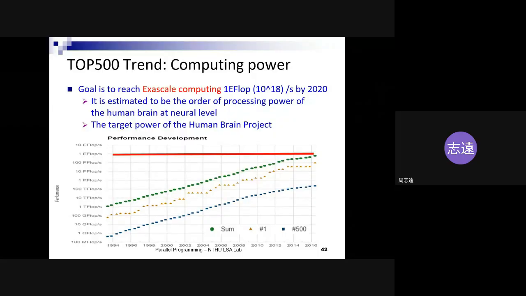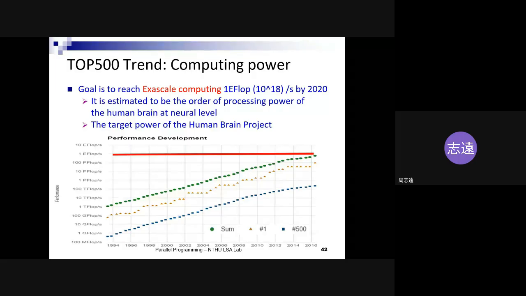Okay. So at least for now, one of the clear goals is to reach the exascale. So what's the exascale? It means you can achieve one exaflops. Basically that is 1,000 times more than petaflops, basically a scale above.